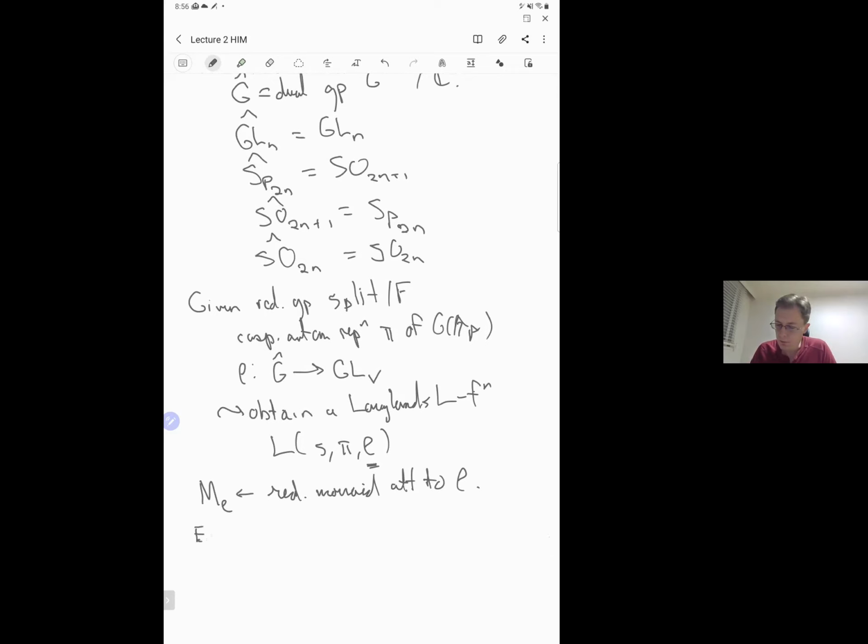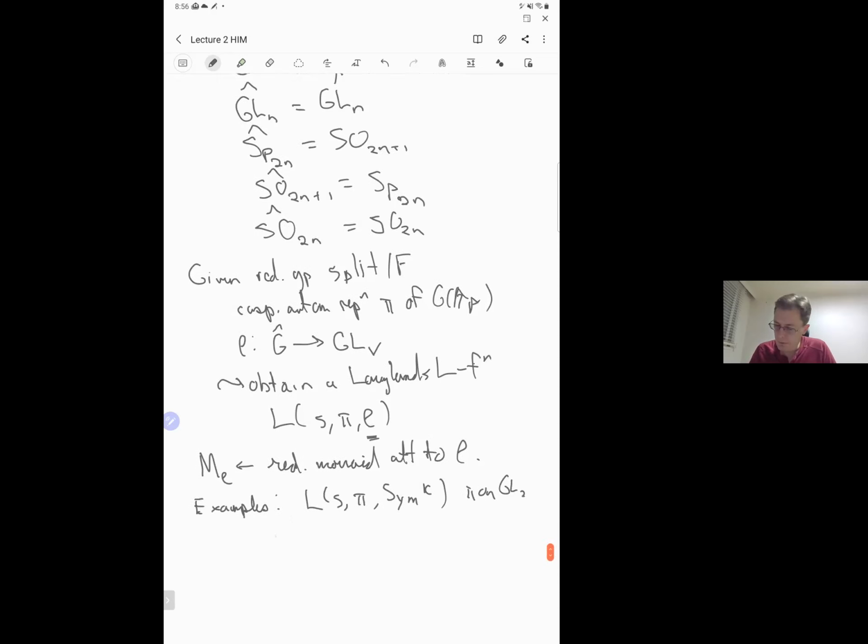So here are some examples. For our good old symmetric power L-functions, here pi is just on GL2. And I'm lying a little bit here, because to make this theory work you may want to view it as being on SL2 cross G_m in some cases, but I don't want to get into that.